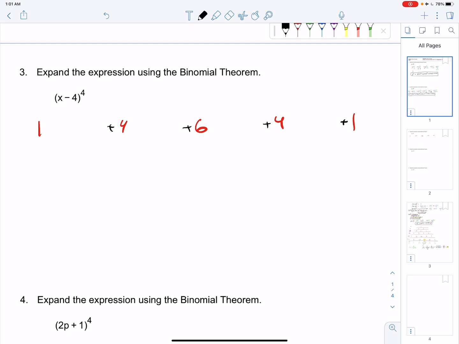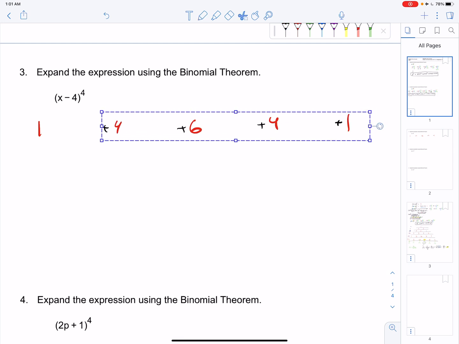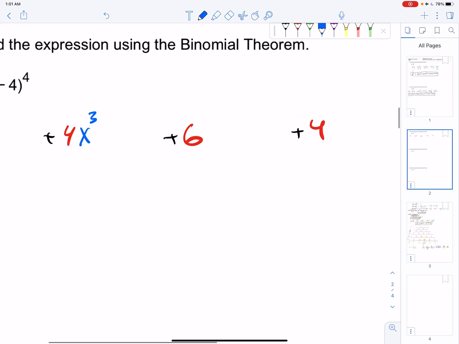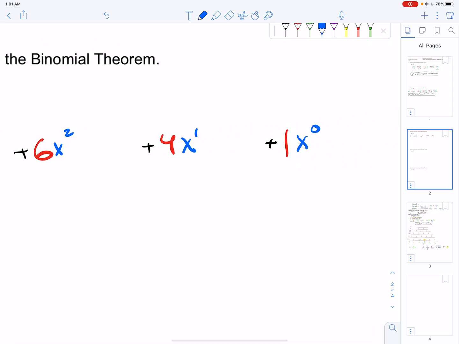And space-wise, I may need to move that over just a little bit so I don't run out of space over there. Okay, so now just like we did before, we're going to use x as our first term. So it's going to be x to the 4th, x to the 3rd. Let me zoom in so I can make it fit a little better. X to the 2nd, x to the 1st, and x to the 0.